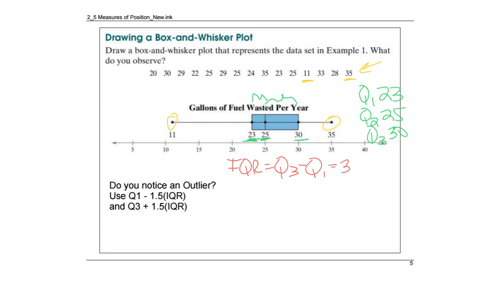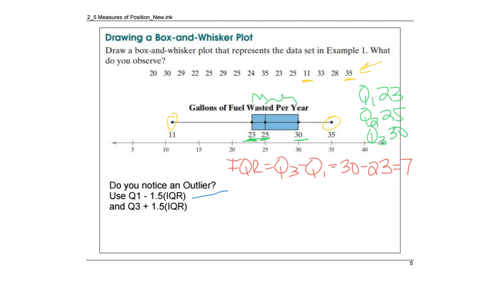So that would be 30 minus 23, which gives me 7. Let me make sure I did that right. Q3 is 30, Q1 is 23, and therefore the IQR, the interquartile range, is 30 minus 23, or 7. Now we're going to take a look at where our outliers would lie.